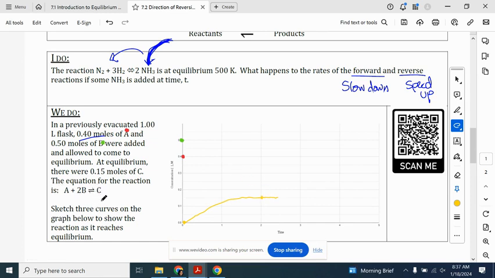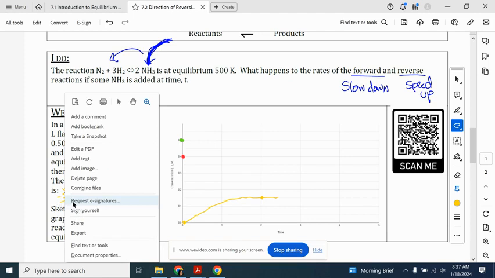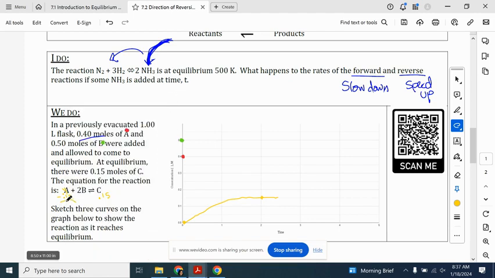If I made 0.15 of C, I would have had to use up 0.15 of A, and I started with 0.4. So 0.4 minus 0.15 is 0.25.